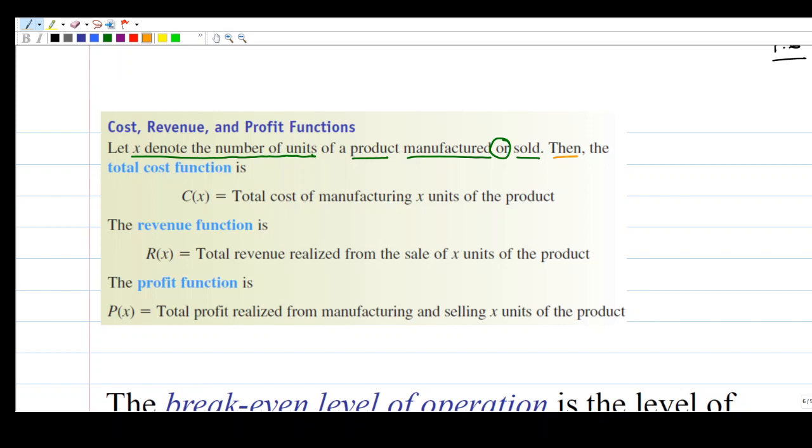This is an important formula. You need to learn it. The revenue function, denoted by capital R of X, is equal to the total revenue realized from the sale of X units of the product. So you're actually dealing with the part of the first line there when the product is sold.